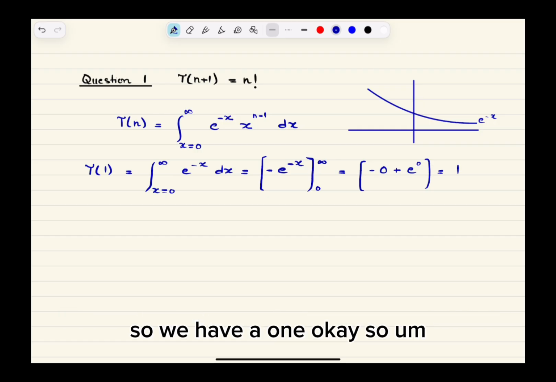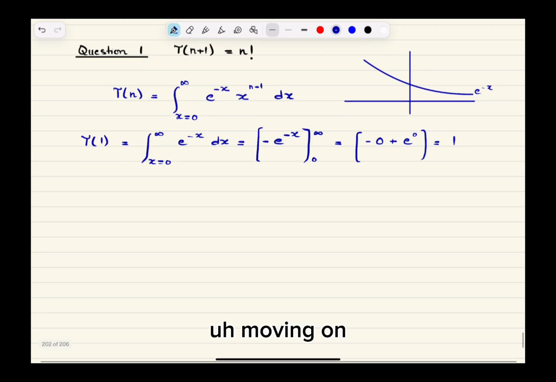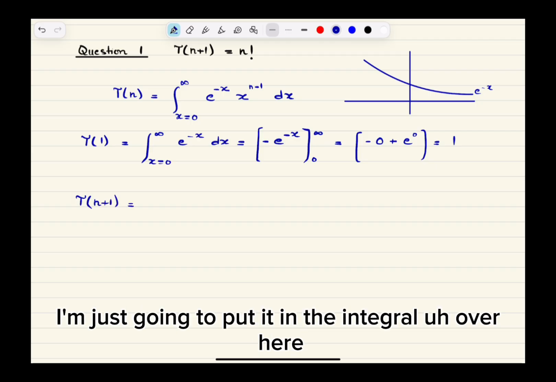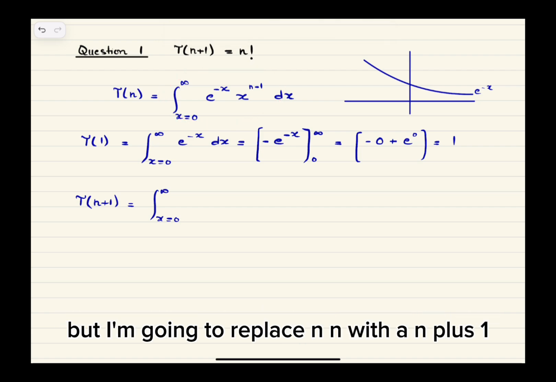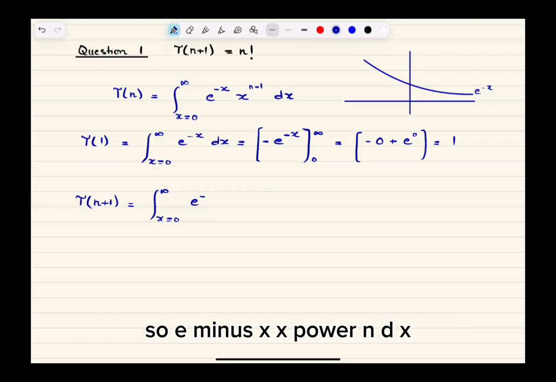Okay. So moving on, what is the value of the gamma function at n plus 1? I'm just going to put it in the integral over here, but I'm going to replace n with n plus 1. So n plus 1 minus 1 is just going to give me a power n. So e^(-x) x^n dx.